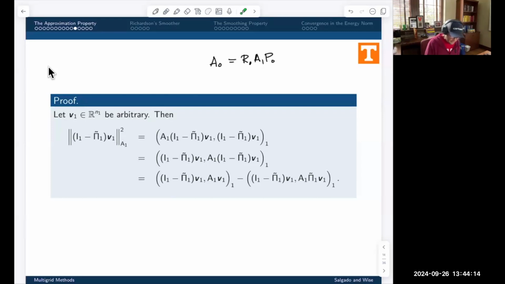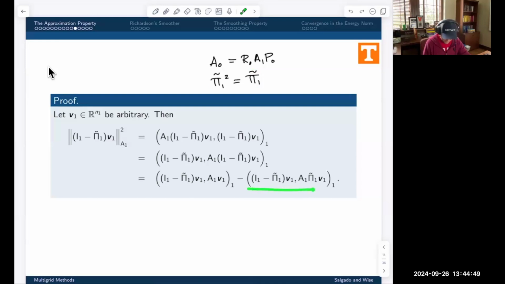Well, we showed in a previous chapter that if that holds, then the pi 1 tilde matrix is equal to a projection matrix. In other words, it has the property of a projection matrix that if I multiply it times itself, I get the original matrix back. So we're going to use the fact that if the Galerkin condition is satisfied, then we know that this holds. That's precisely where we're using the Galerkin condition.